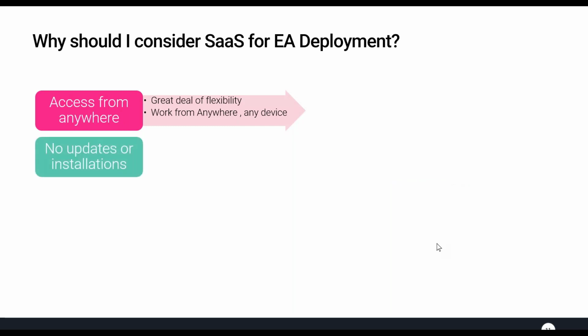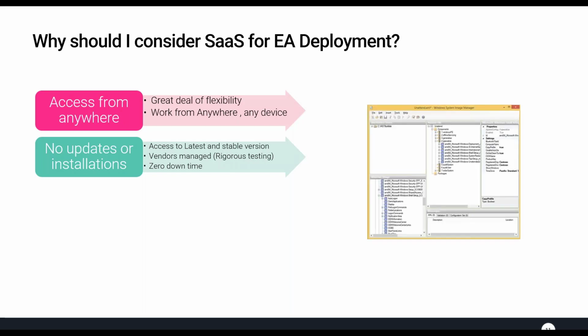And now, getting a little more detailed on other pain points and advantages, you don't need to manage any updates or installations on your end. I've been working with Sparx EA teams for the last 15 years or so, and there have been some really interesting occurrences where one of the large banks I was working with renewed their licenses from EA 14 to EA 15, and by the time they managed to get the whole image packaged and delivered to the users, 15 was outdated and there was 15.2.